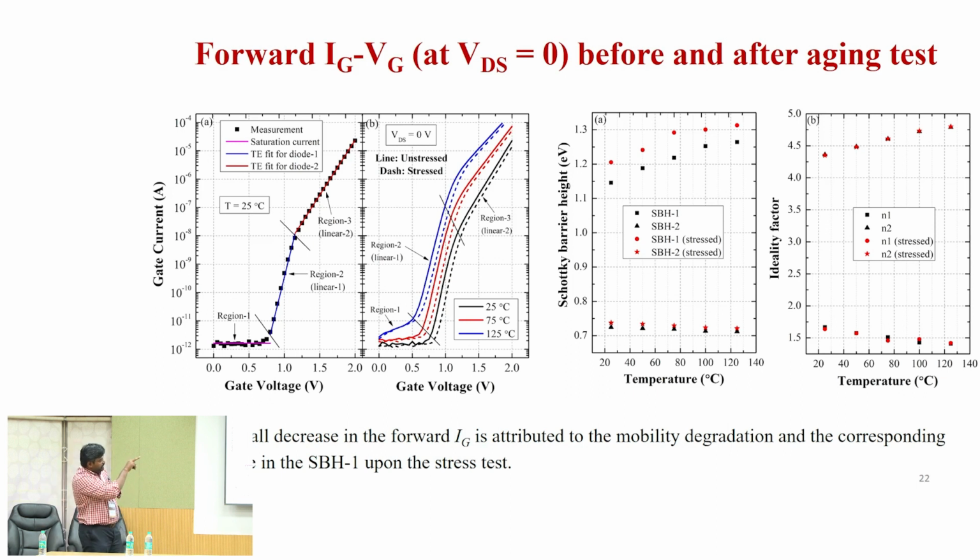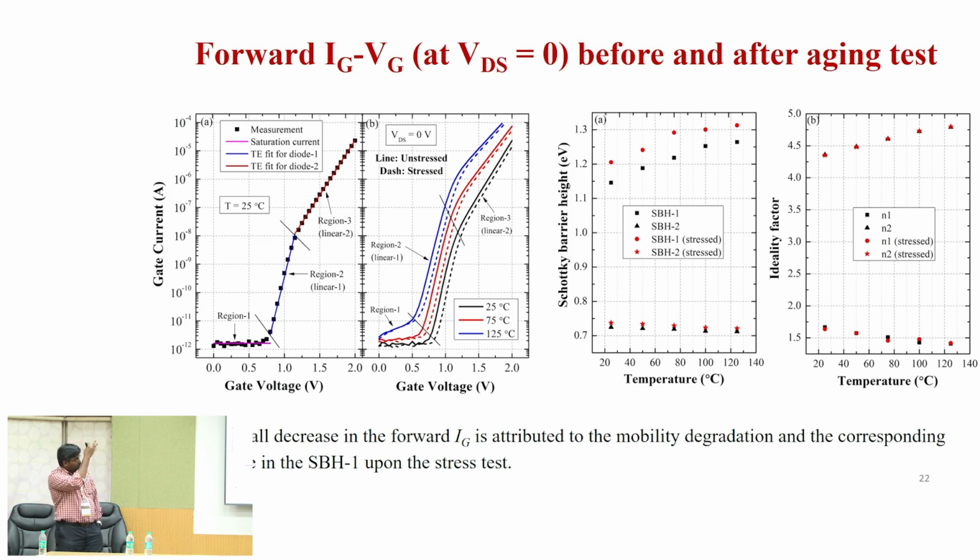Their variations are plotted with respect to different temperatures, and here we have seen that the barrier height increases with temperature. Ideally, when you are increasing the temperature, your Fermi level moves towards the middle of the band gap.